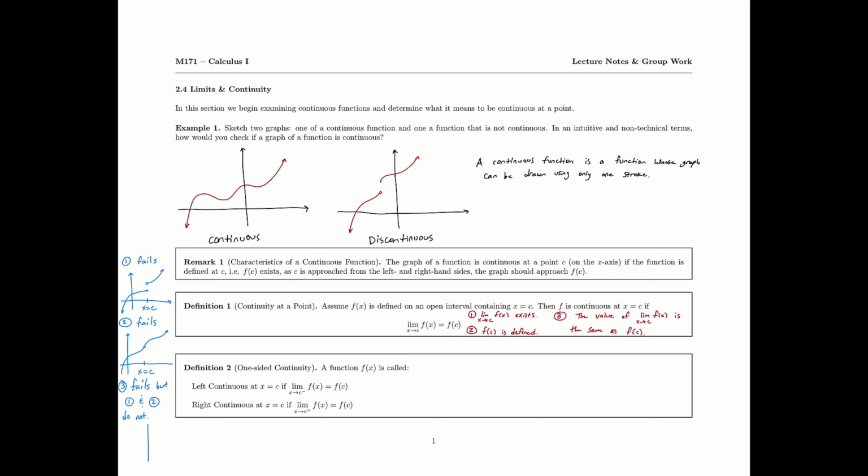Well, for that, if 1 doesn't fail, that means the limit has to exist. So I get this. But right now with that hole at x equals c, condition 2 is not met. It's still failing. Well, we can go ahead and just put a solid circle somewhere so that at least f of c is defined. So there you have it.